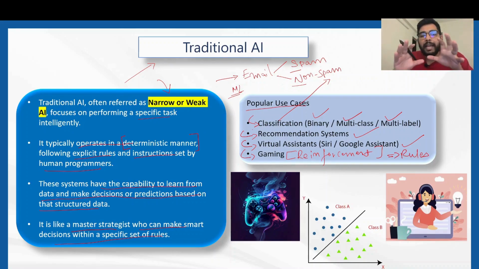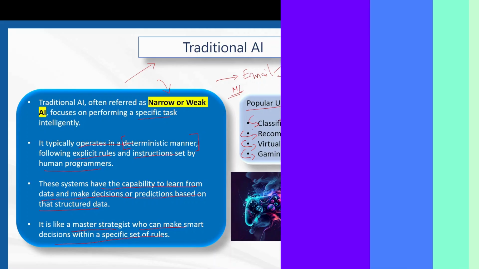So summarizing it, AI that works on recognizing patterns from historical data and is designed to do a specific task, and will not go beyond that task or the set of rules defined by the programmer or machine learning engineer who designed it, is called traditional AI.